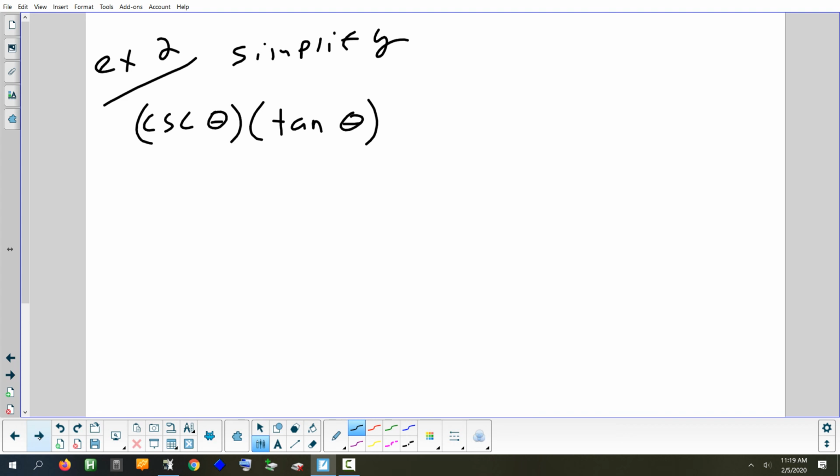So, Kira, what is cosecant if we rewrite it as sines and cosines? 1 over sine. Yep, it's 1 over sine. Times, Kaya, what is tangent in terms of sine and cosine?